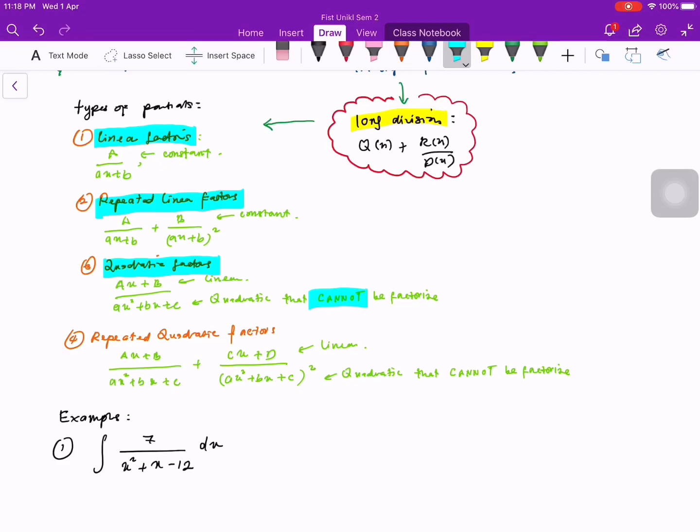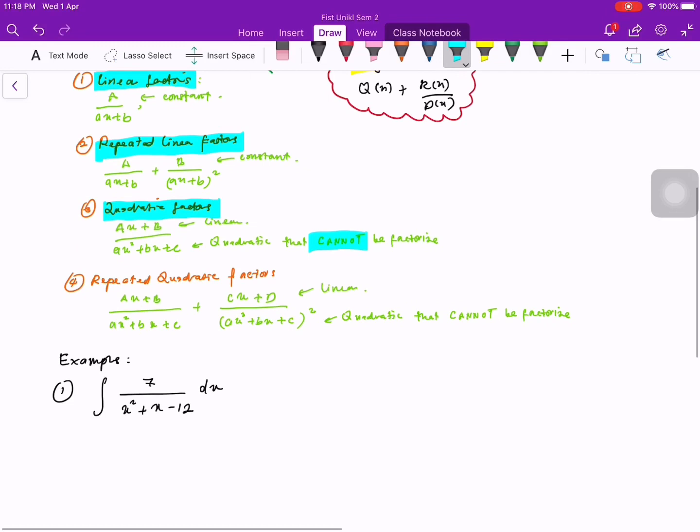Dan lastly is we have repeated quadratic factors. So let's say we have (ax squared plus bx plus c) to the power of 2. So kita akan ada dua pecahan, iaitu (Ax plus B) over (ax squared plus bx plus c) plus (Cx plus D) over (ax squared plus bx plus c) squared. Yang ni adalah contoh untuk repeated quadratic factor.